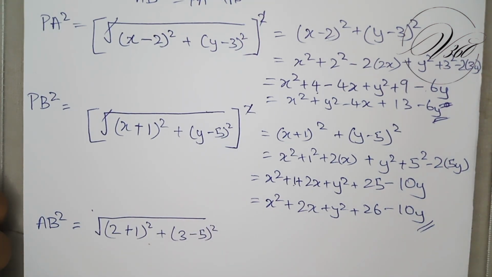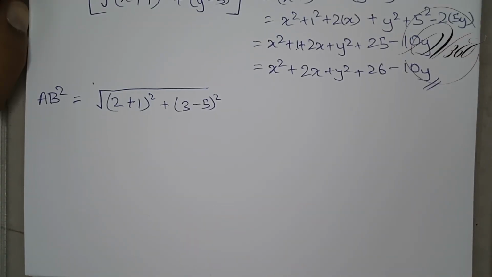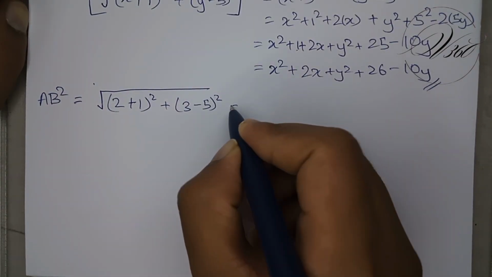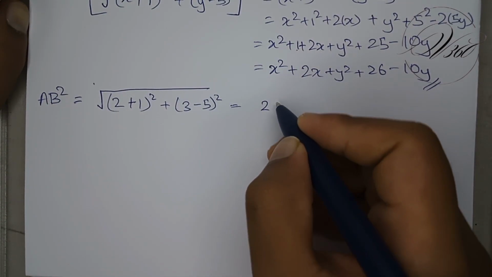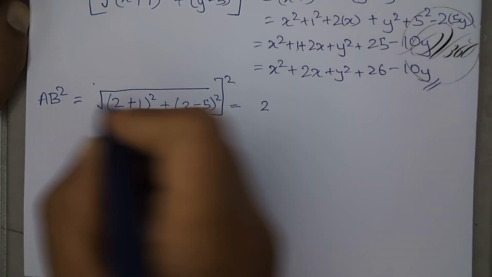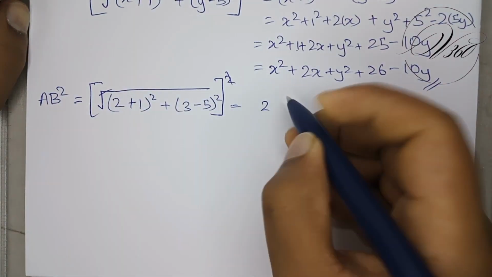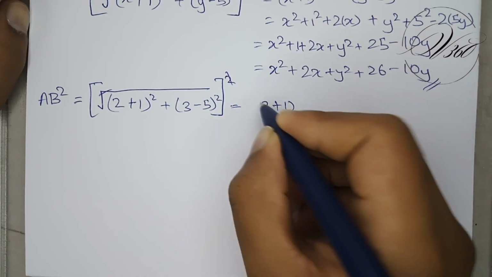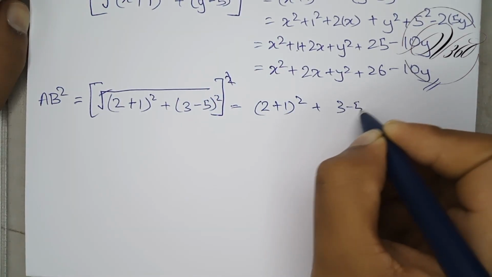Now we'll solve this here, which is under a whole square. Now square and roots get cancelled here. Now we'll get 2 plus 1 whole square plus 3 minus 5 whole square.